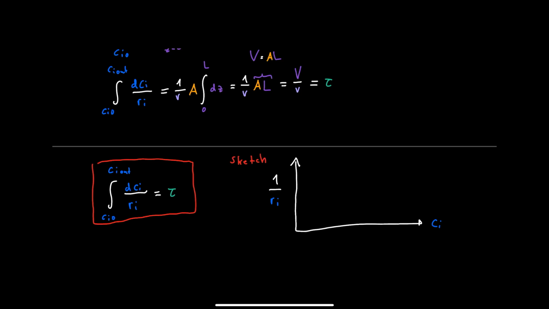And let's say we have determined this correlation experimentally, and let's say the correlation can be sketched as follows. So if we have a process where we have the concentration of the species i0 entering our plug flow reactor, and we want to have a concentration of the species i leaving our reactor, we would need to dimension our plug flow reactor, so tau would be equal to the integral of this curve, which is tau.